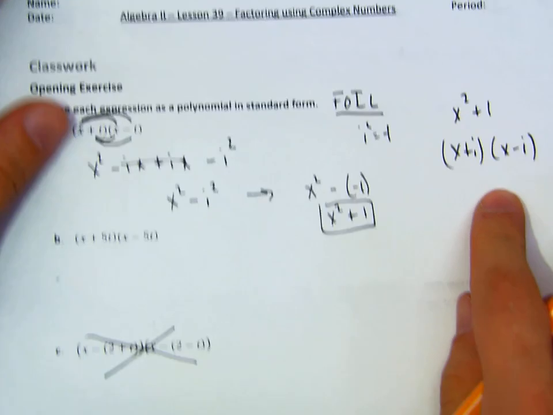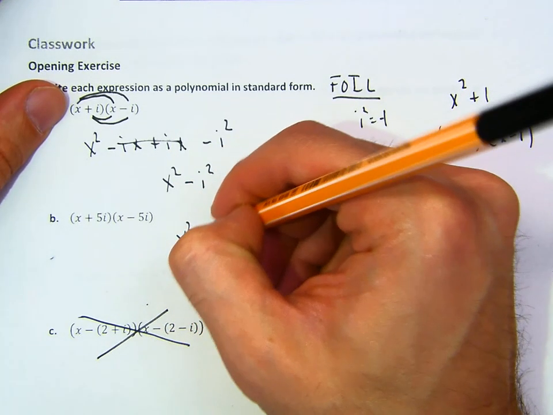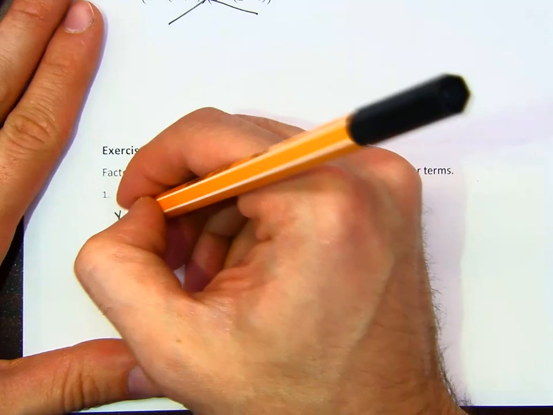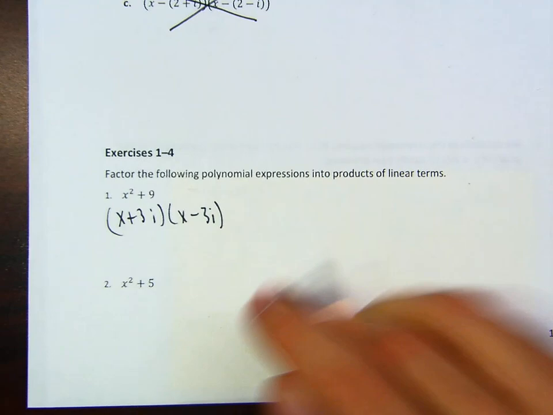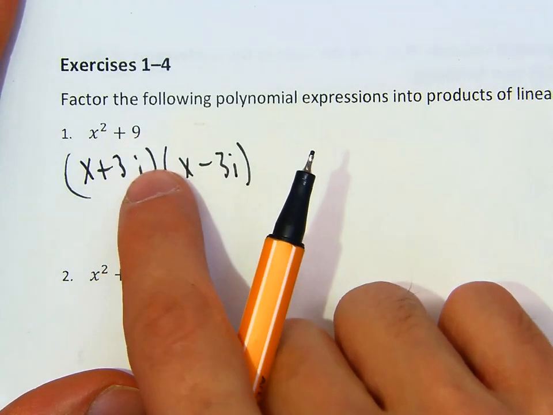Okay? This one you should have been able to do yourself, but we already did this one. It's x squared plus 25. Okay? For this one here, this is just x plus 3i, x minus 3i. Okay? And how do you know when to use the i's and when not to use the i's?